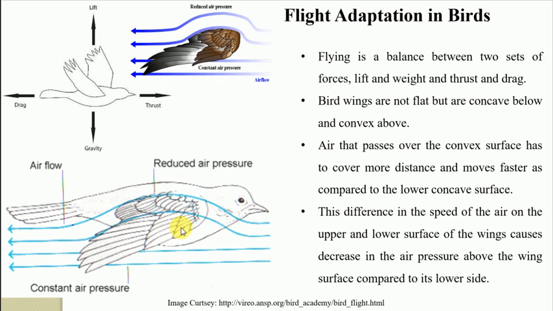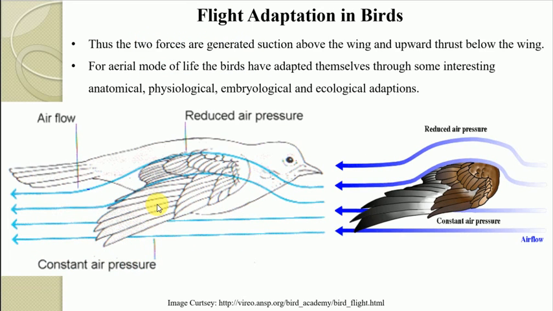So there is a decrease in air pressure on the above side, because the air has to cover the longer distance as compared to the air which passes below. Thus the two forces generate suction above the wings and upward thrust below the wings.